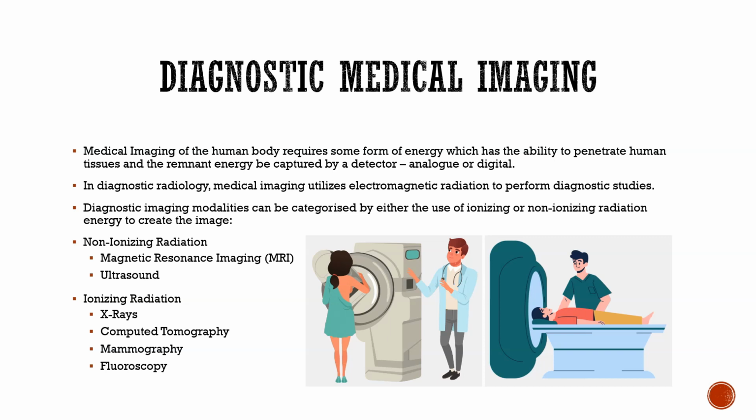In diagnostic radiology, medical imaging utilizes electromagnetic radiation to perform such diagnostic studies. These can be categorized as either ionizing or non-ionizing energies. For example, non-ionizing radiation modalities would include MRI and ultrasound. Ionizing radiation, on the other hand, would be X-rays, computed tomography, mammography, and fluoroscopy.